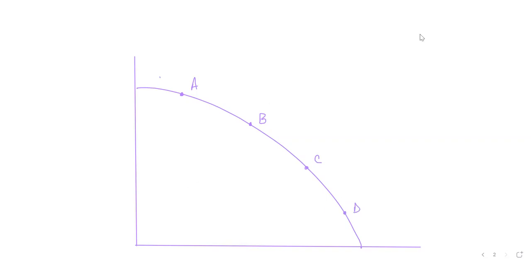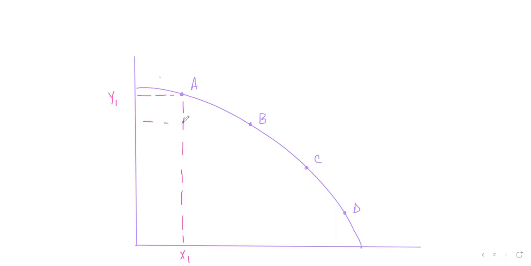Okay, now have a look at this. Initially, let's say the economy is operating at point A, and it's producing Y1 units of product Y, which could be any product, and X1 units of good X. Then when you move from A to B, have a look at this.